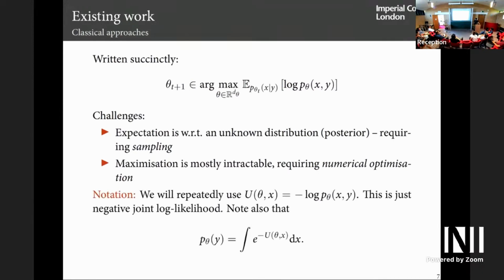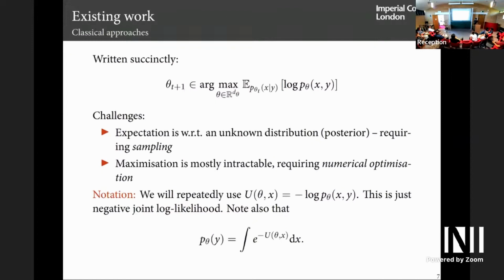So going forward, I will use this notation now. I'm not sure if it's the best slide to introduce it, but I'm going to do it anyway. In order to simplify this problem and then describe the algorithms I will use, I'm going to denote this quantity, which I am maximizing in expectation, in some sense. I'm going to denote this, the negative joint likelihood, as U of theta.